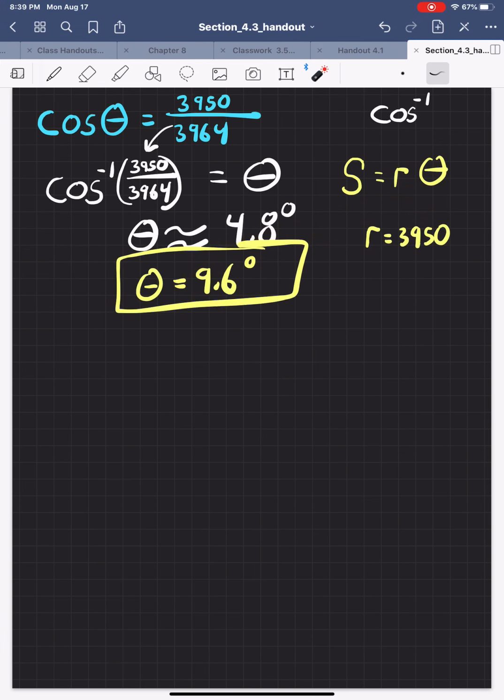So your next thing that you want to do, and I'm not going to review this part, is turn 9.6 degrees, remember you have to multiply by pi over 180, so that's 9.6 degrees times pi over 180 degrees.